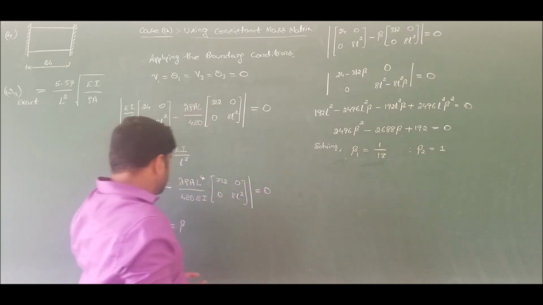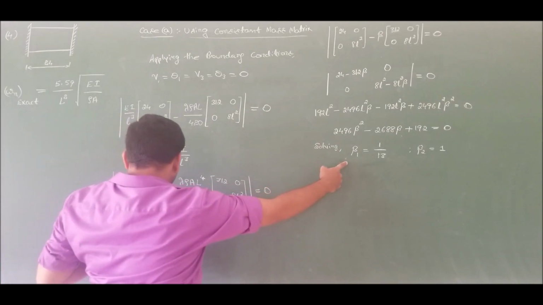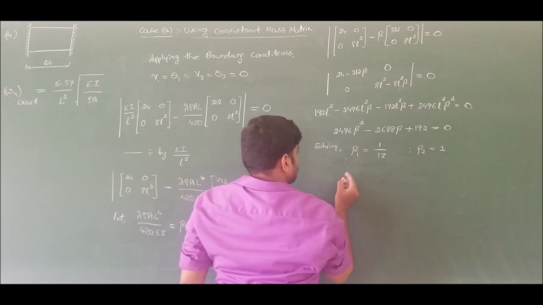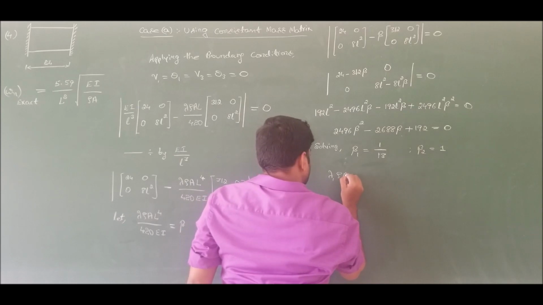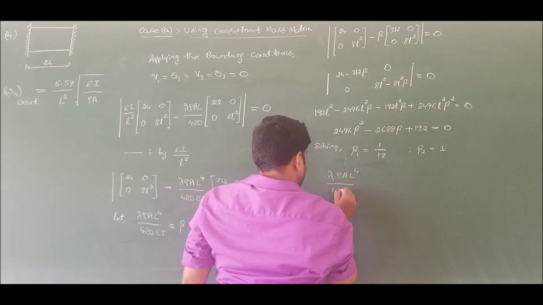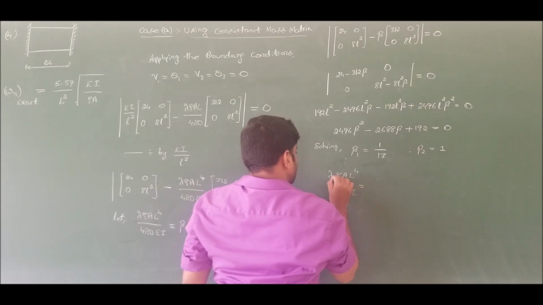Now we already know that beta is given by this expression. Substituting for beta, I can find lambda. So using this equation, lambda 1 rho A L to the power of 4 divided by 420 EI is equal to beta 1.